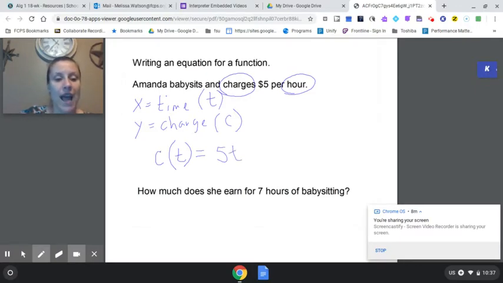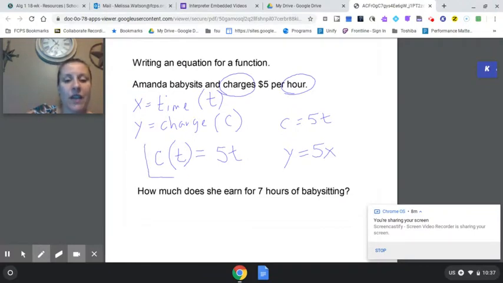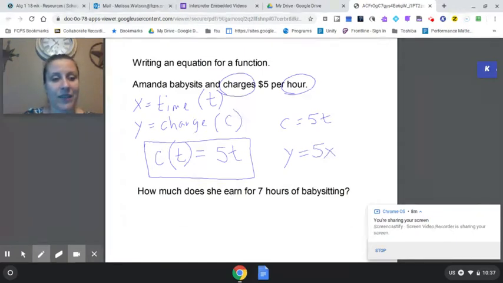So the charge at time t is equal to 5 times t. That is in function notation. It means the same as y equals 5x. Or if I use the variables that I've picked there, c equals 5t. All three of those functions mean the same thing. They're just in different forms. We are going to focus on this function notation as the preferred method right now.